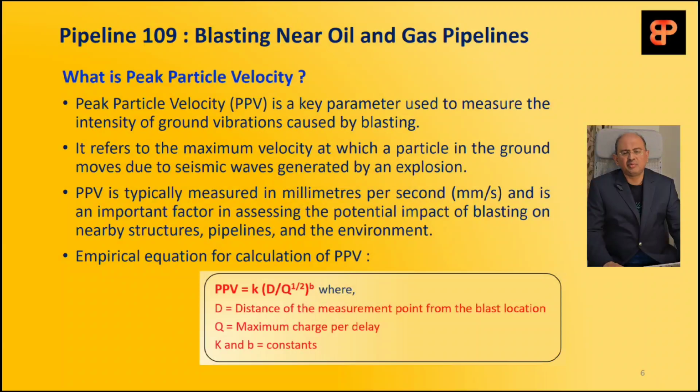PPV is typically measured in millimeters per second. So you can imagine its magnitude is so small, and is an important factor in assessing the potential impact of blasting on nearby structures, pipelines, and the environment.